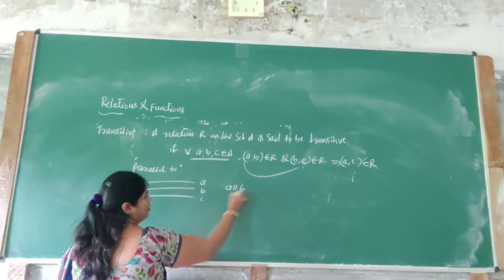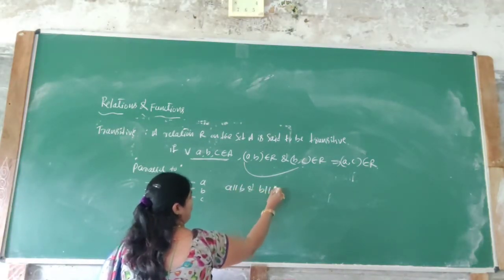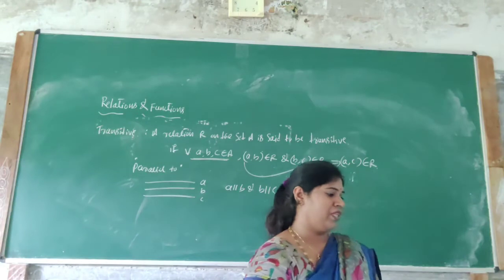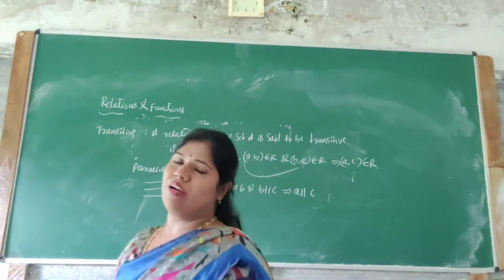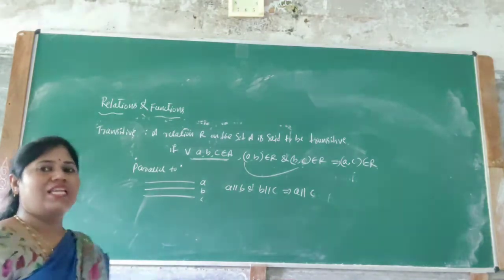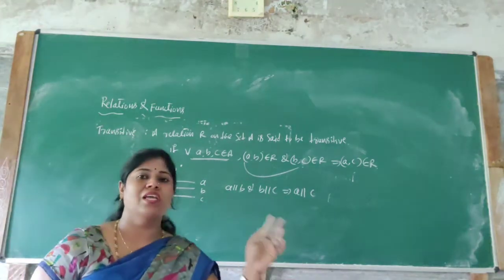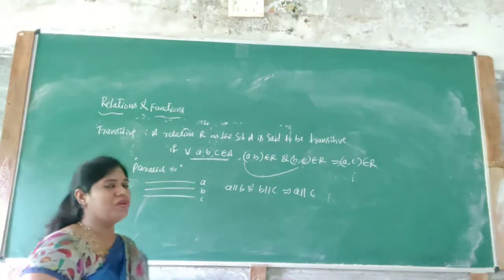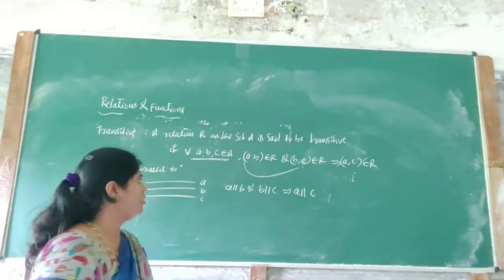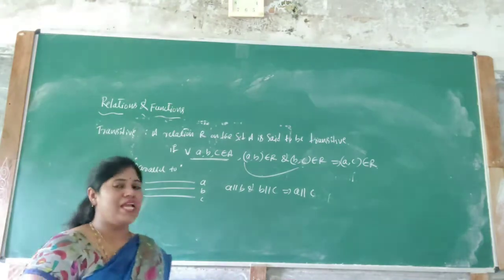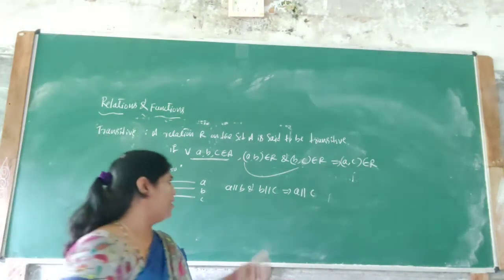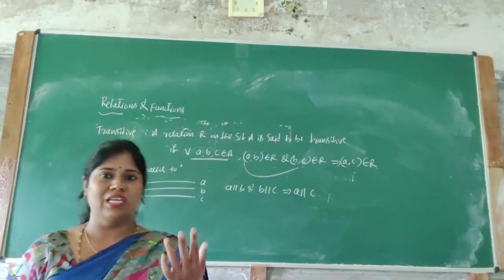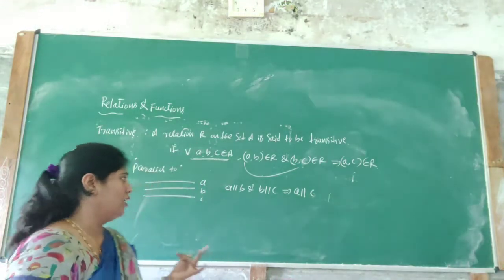Here A is parallel to B and B is also parallel to C implies A is also parallel to C. So parallel to is a transitive relation because A is parallel to B, B is parallel to C implies A is parallel to C. This is the definition we should know: for all a, b, c belongs to A, (a, b) belongs to R, (b, c) belongs to R implies (a, c) also belongs to R.